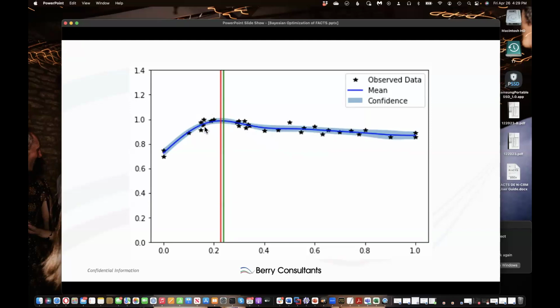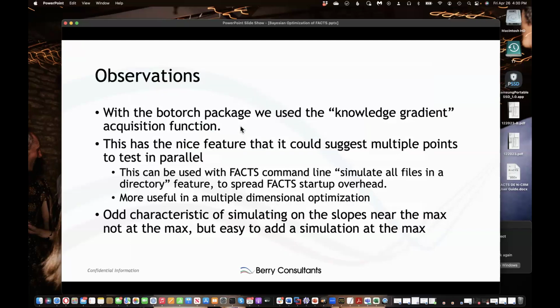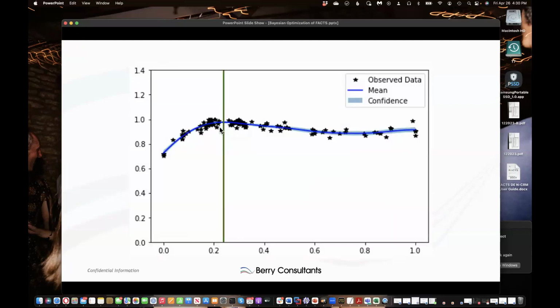And now it's beginning to allocate the iterations on the flanks of the maximum. We haven't got much closer at this point. But over time, it's primarily allocating either side, strangely not actually at the peak. It does a very good job.